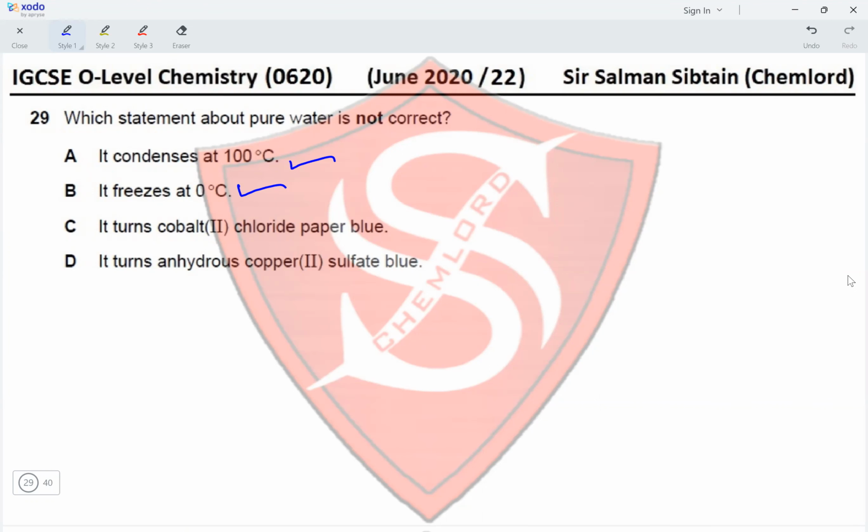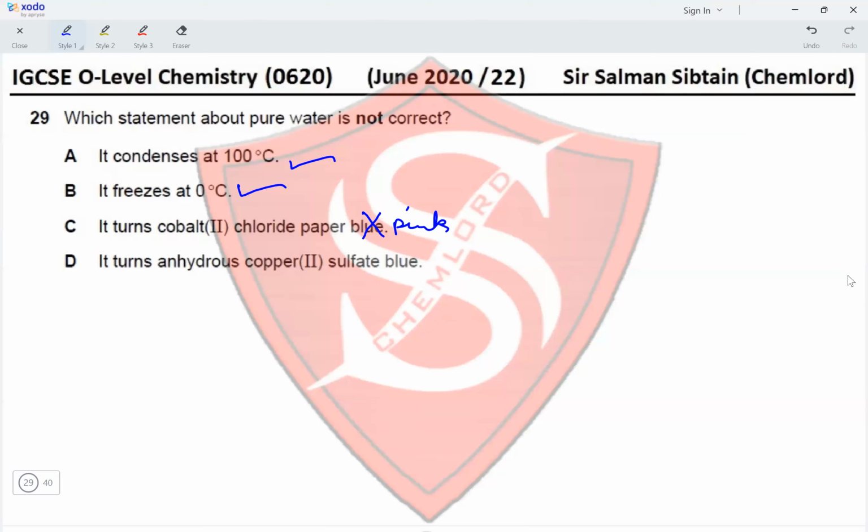Now it depends on which color of the cobalt chloride paper is being used, pink to blue or blue to pink. It turns cobalt chloride, blue to pink. So it turns cobalt chloride paper blue? No, it turns it pink. So this statement is incorrect.